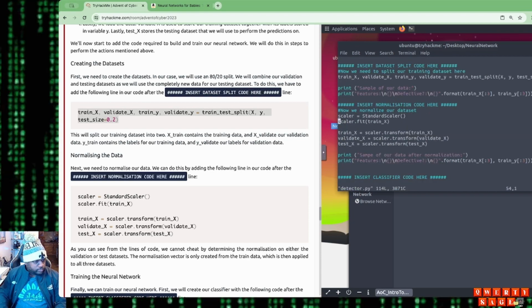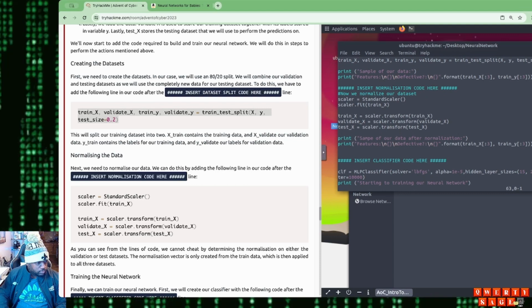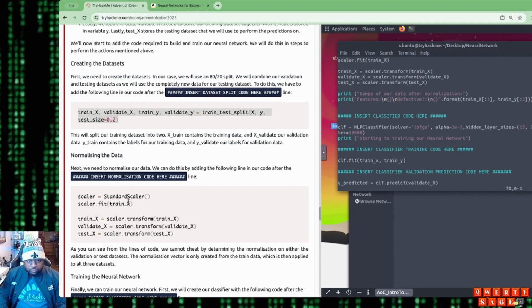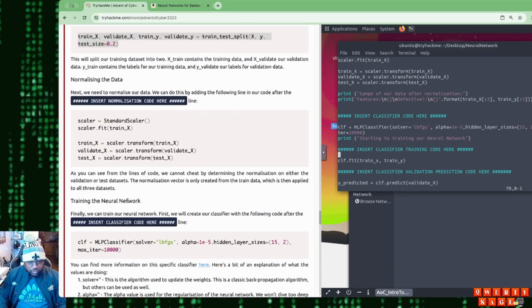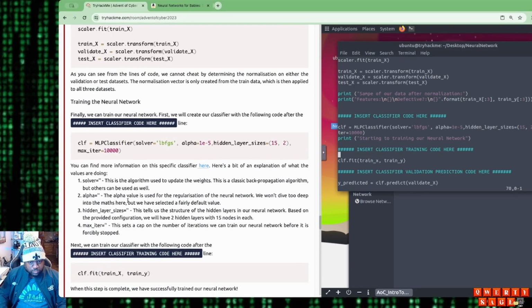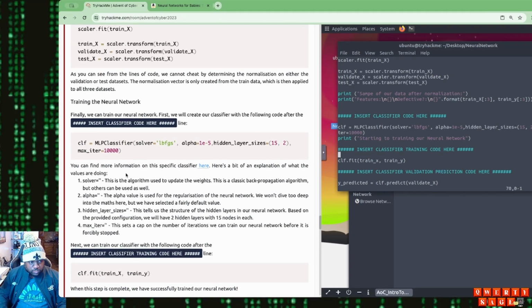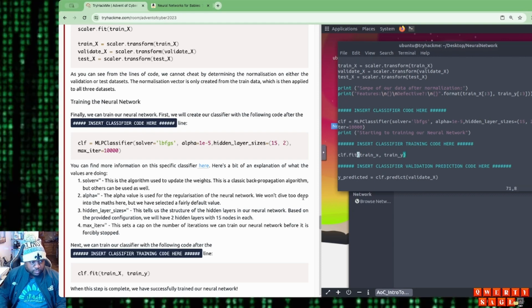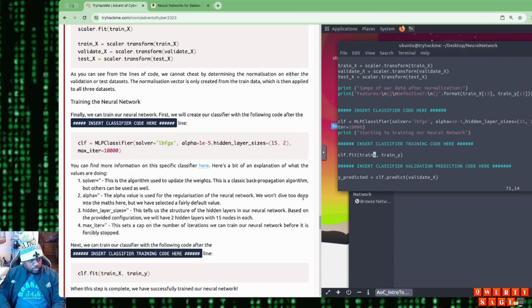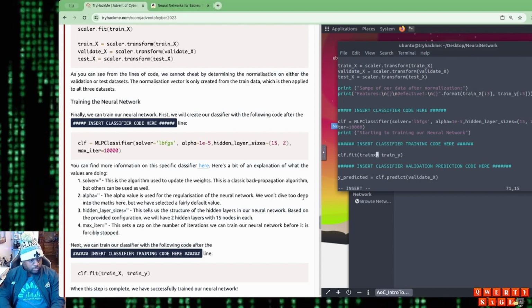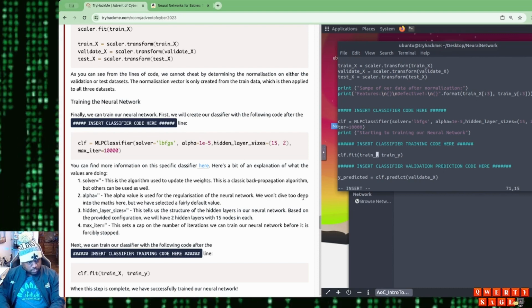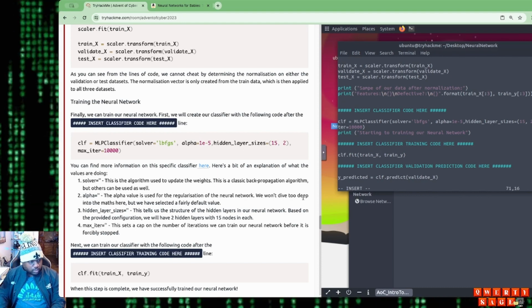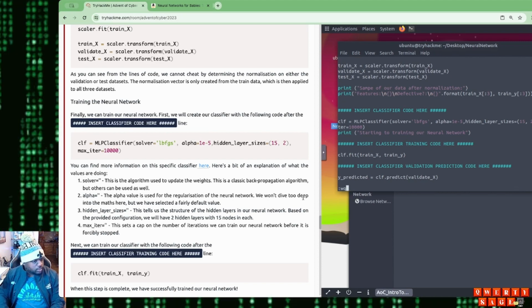Line 71. Did copy that in. I should have just copied and pasted it instead of.